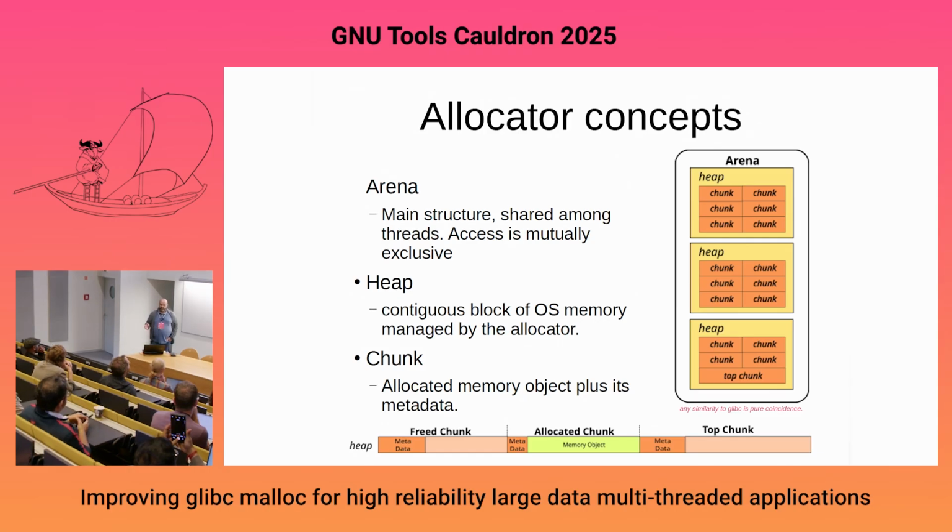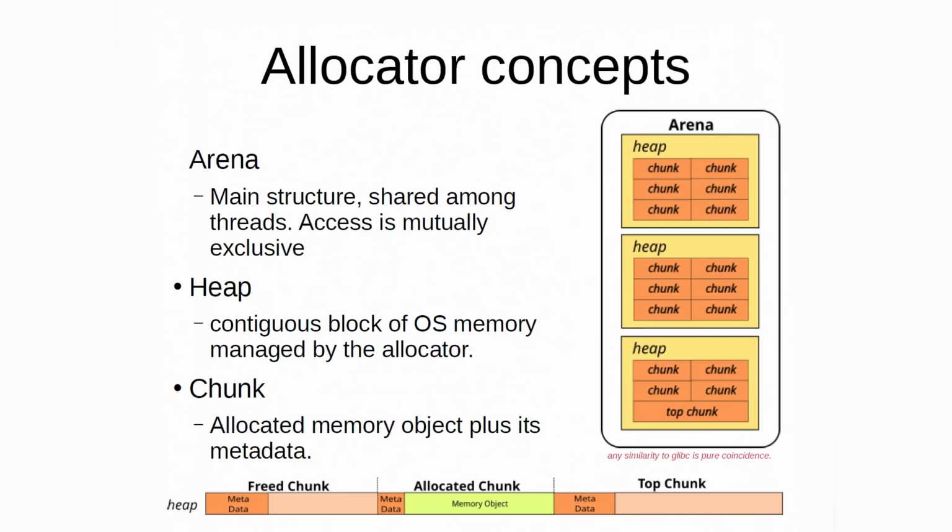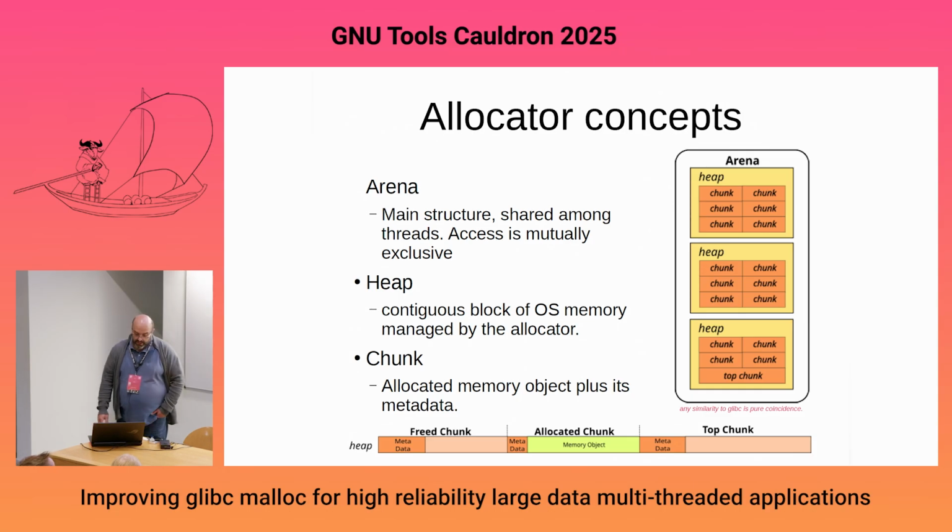And the heap would be the memory itself that it allocates, right? The ones that it's obtaining from the operating system. Within the heaps, the header of a heap would be the internal state of the allocator, which would contain information of the next heap and so on, okay? And the chunks would be the rest of the heap.